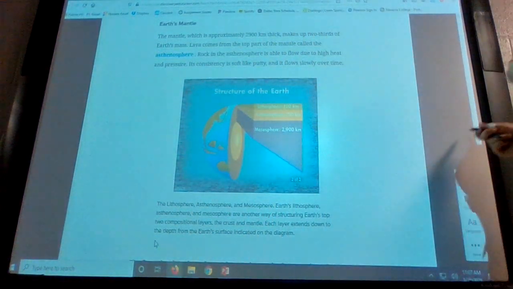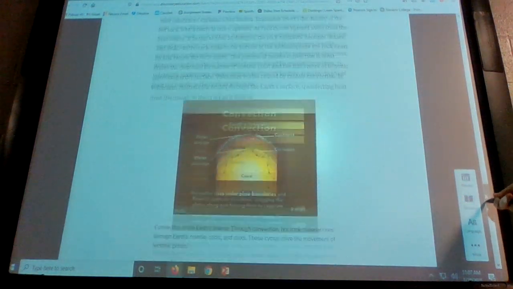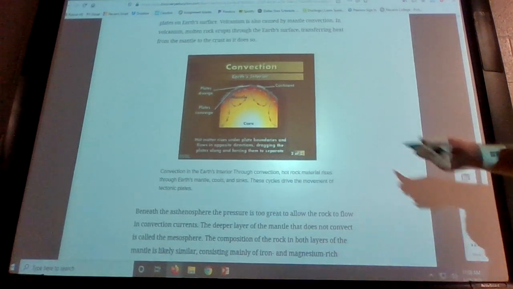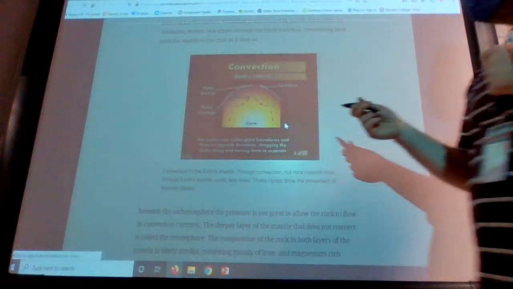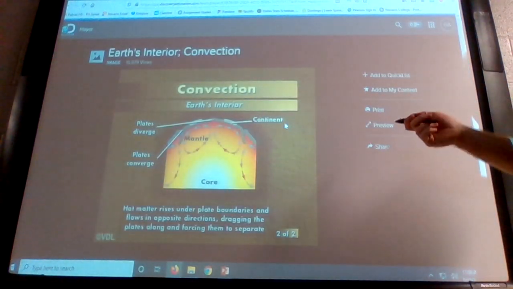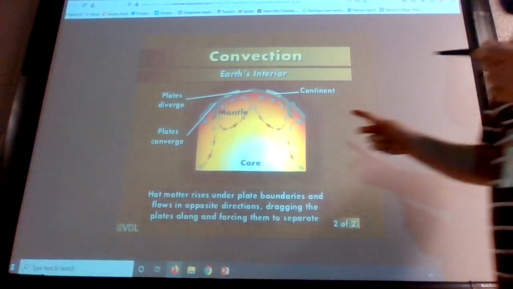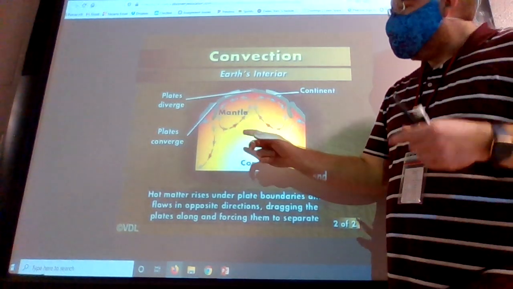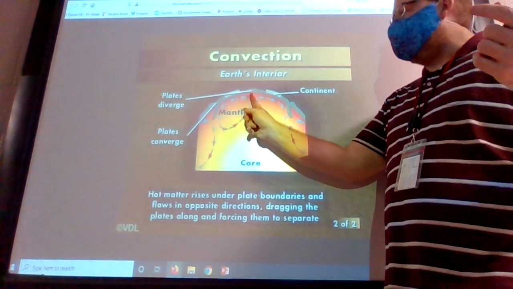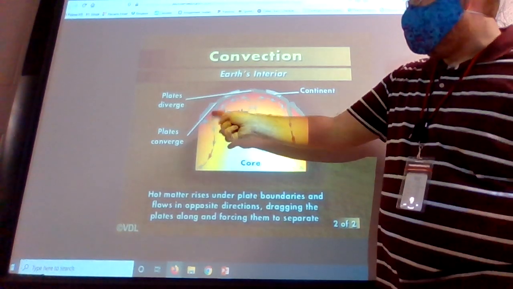And there should be a little image of that. Let me show you all this. Full screen. There we go. You can see the little cycles here, and the arrows aren't the best, but they're coming up in the center, and then they go outward.